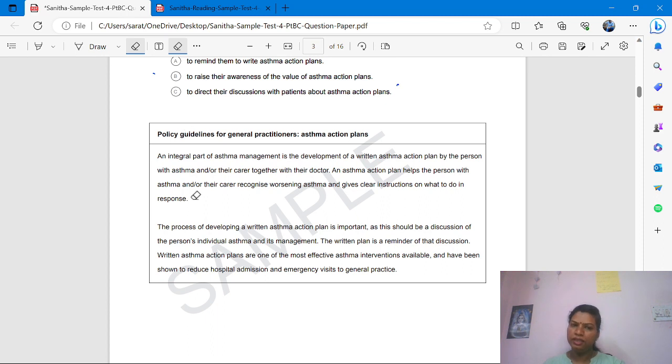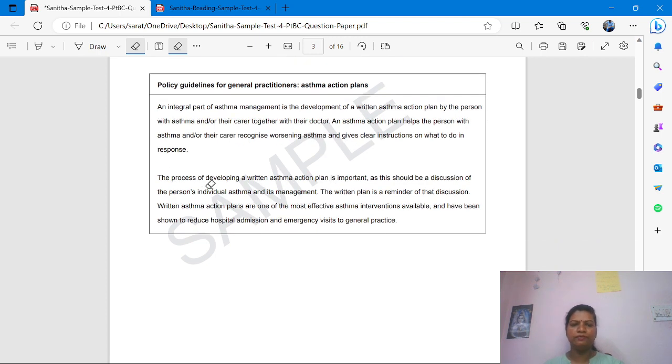So the asthma action plan is prepared to recognize the asthma worsening and gives clear instructions. The next paragraph. The process of developing a written asthma action plan is important. Okay, why is it important? As this should be a discussion of the person's individual asthma and its management.